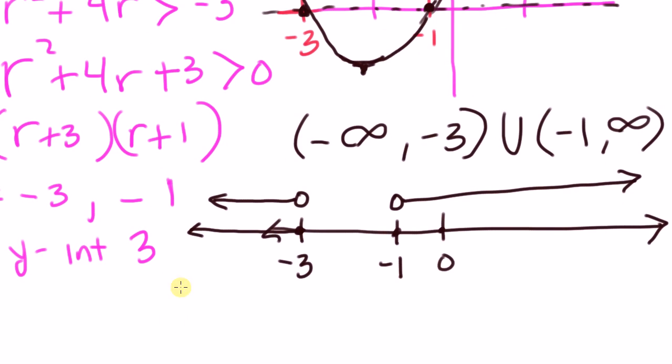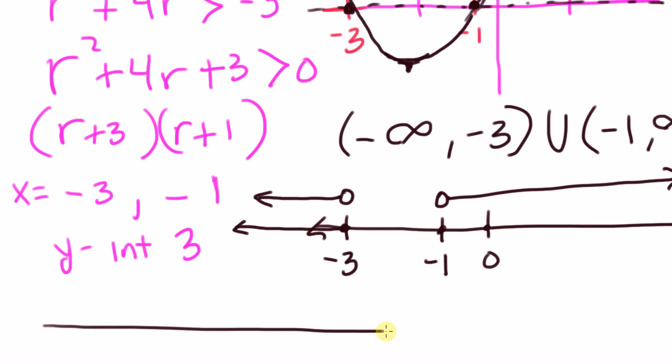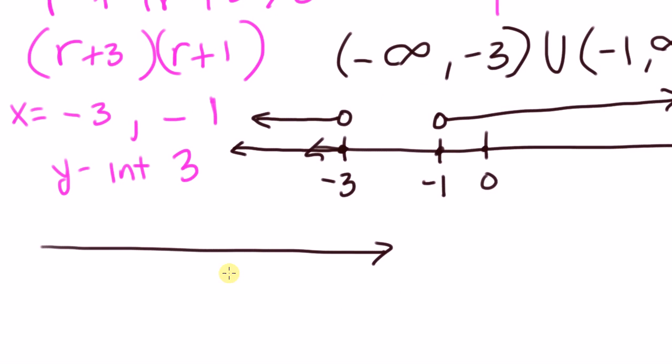All right, so algebraically, what you can do is this. We have this line, and let's say we don't know how to graph, but what we do know is that we have a -3 and a -1, and we can just intuitively do some algebra and see what happens.